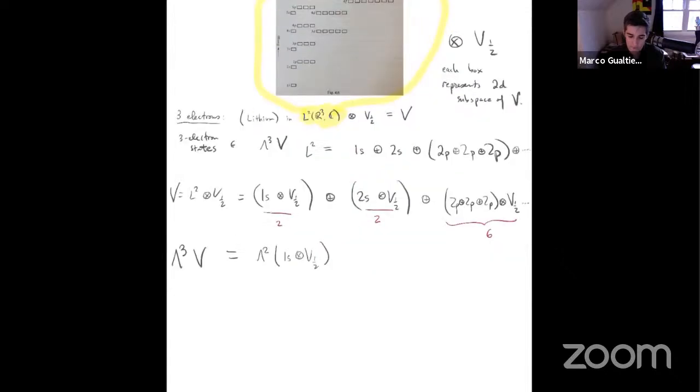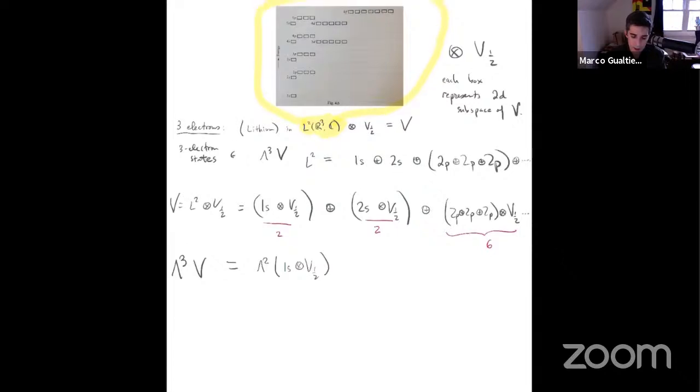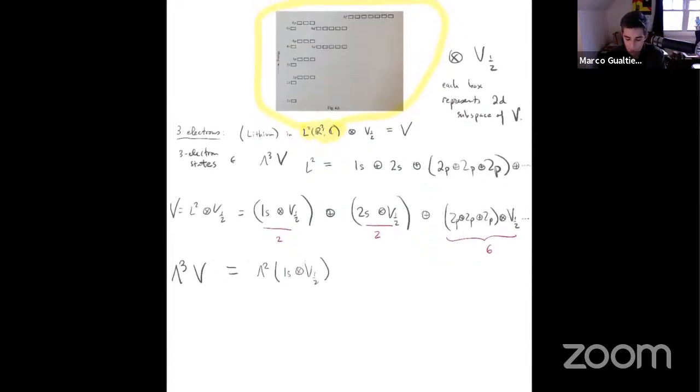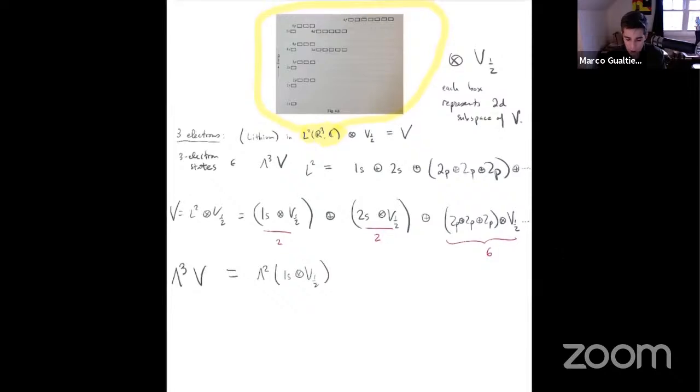That's 2 electrons in the lowest energy state. And where's the third electron going to be?